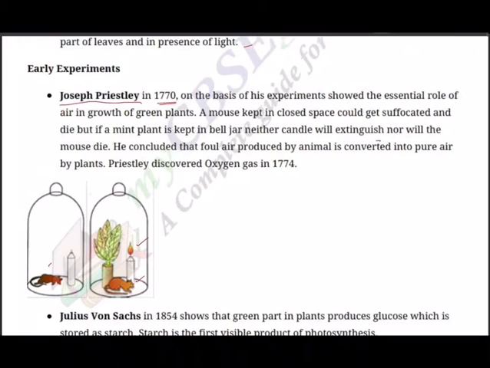So that's why I said for survival of all of us, we need plants. Hence, please put on plants as much as possible. So he concluded, of course all of us know now, that foul air produced by animal is converted into pure air by plants. Priestley made the greatest discovery on the earth in 1774.